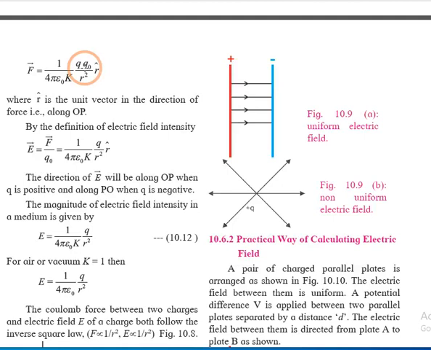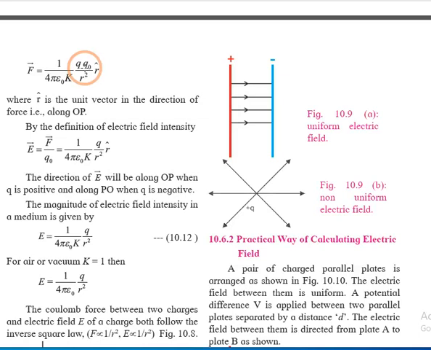R cap is a unit vector which shows the direction of force along OP, that is from O to point P. And after introducing the dielectric constant, this equation turns to F is equal to 1 upon 4 pi epsilon naught K Q Q naught upon R square into R cap.